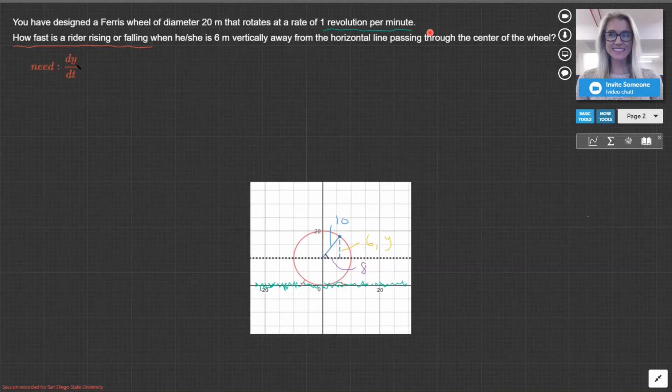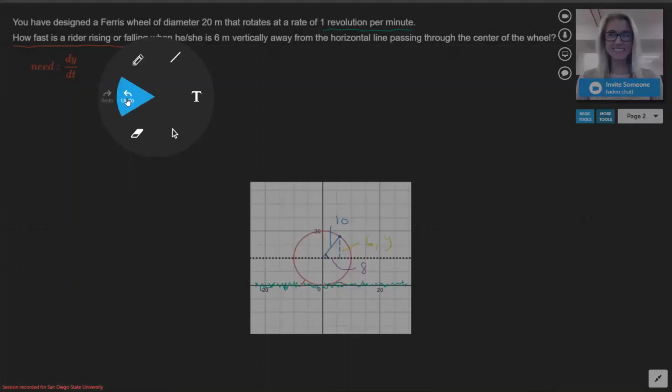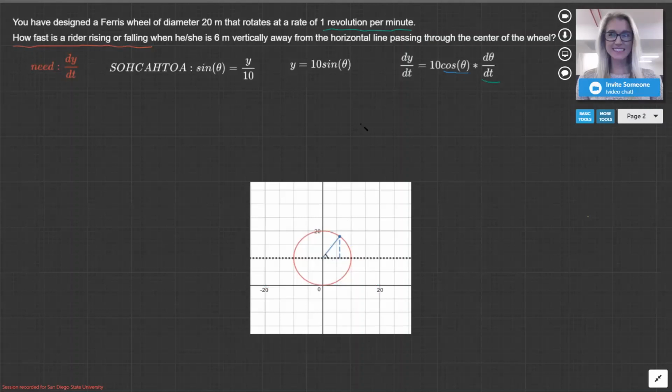We need basically the slope or the rate of change for y, because that would be the height of how fast it's going down. So to solve for dy over dt, we have to come up with these few equations.